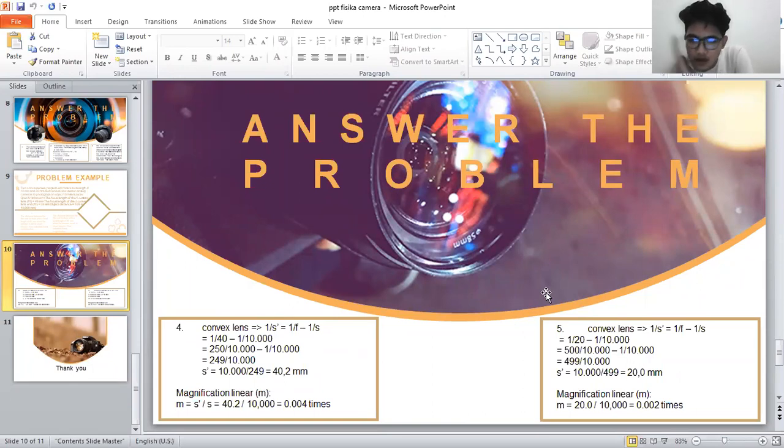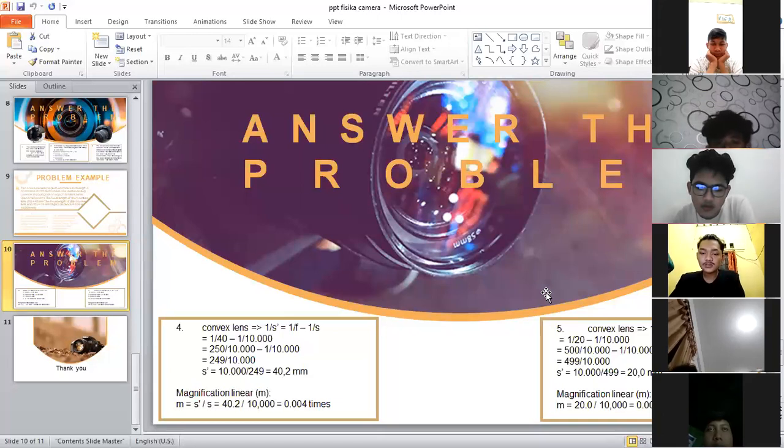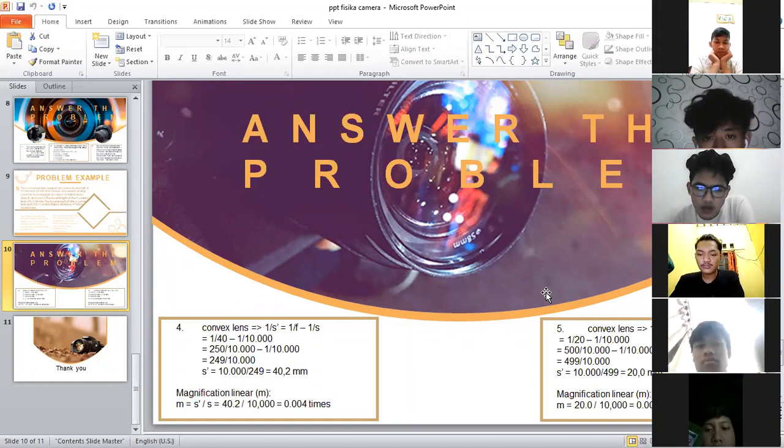Number 5, convex lens: 1 per S equals 1 per F means 1 per S equals 1 per 20 minus 1 per 10,000 equals 500 minus 1 per 10,000 equals 499 per 10,000.